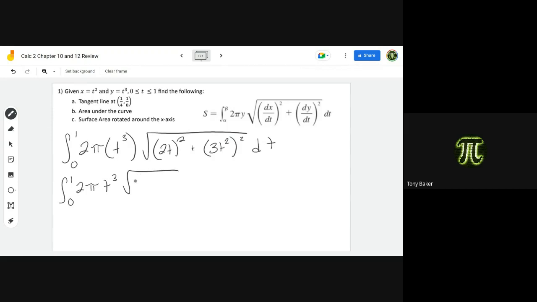So we've got 4t squared plus 9t to the fourth.